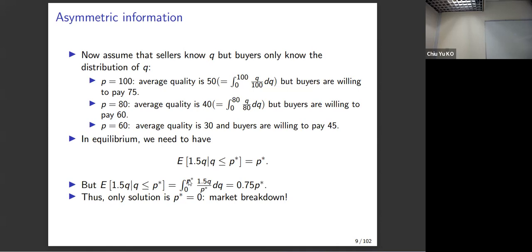And the buyer would also have a simple strategy. They would buy as long as the value they want, 1.5 times the expected Q, is higher than the price. And they are small enough that they don't change the market.